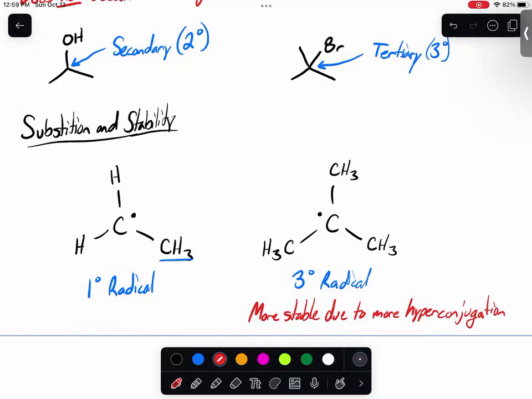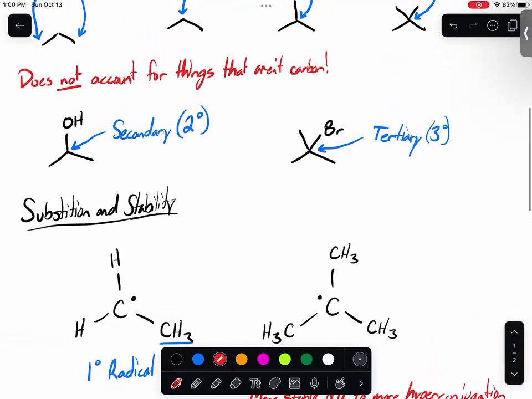All right. So essentially, this idea of identifying these substitution patterns can help us more quickly say if something is going to be more stable or less stable, because you can also use it for carbocations. You can also use it for talking about functional groups. It's what we were looking at right up here. We would say that the one on the left here is a secondary alcohol, because it is on a secondary carbon.